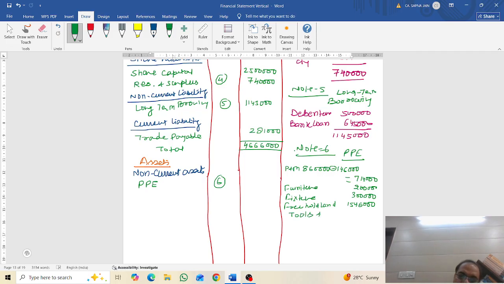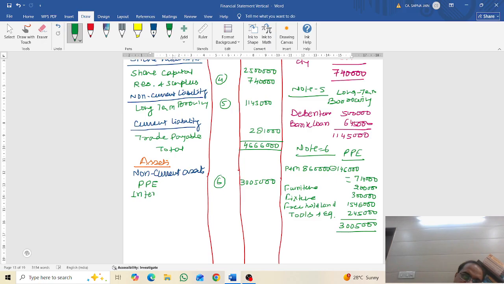And last is tools and equipment, this is 2,45,000. The total is 30,05,000. This is the total of PPE.